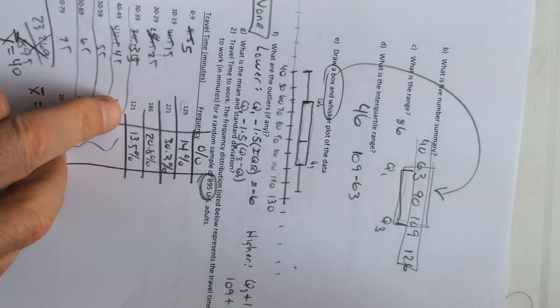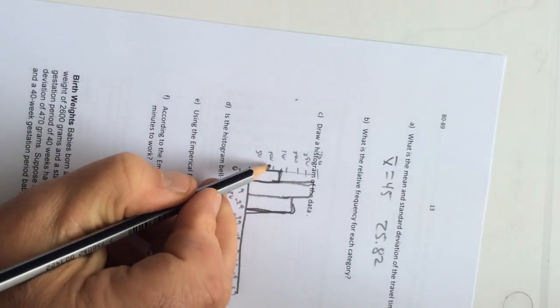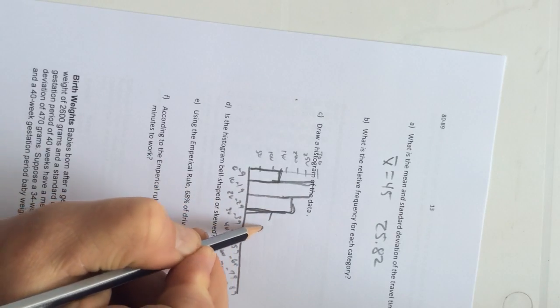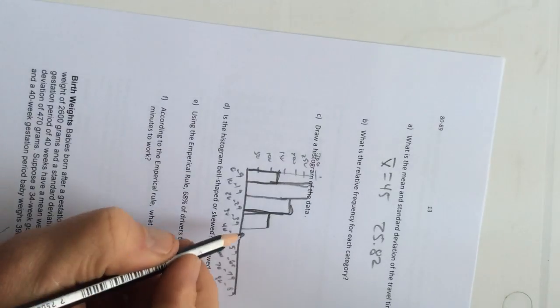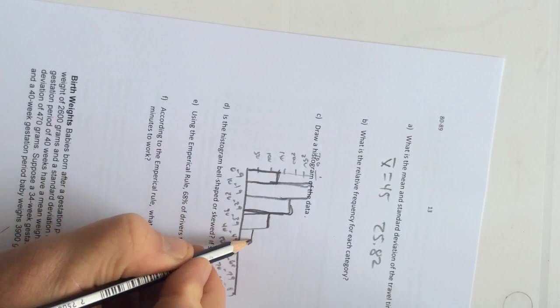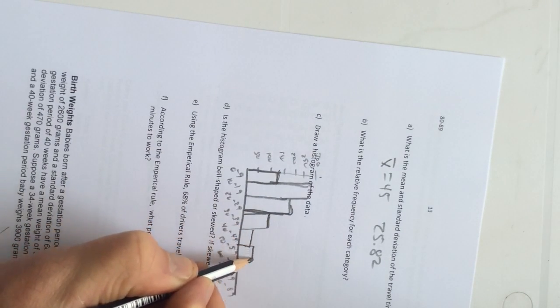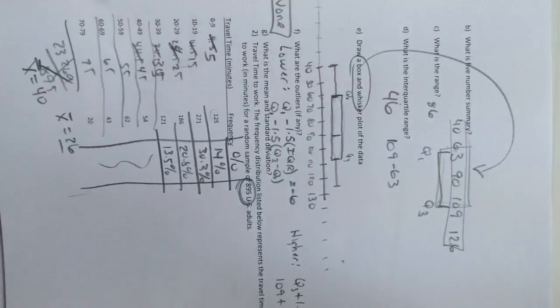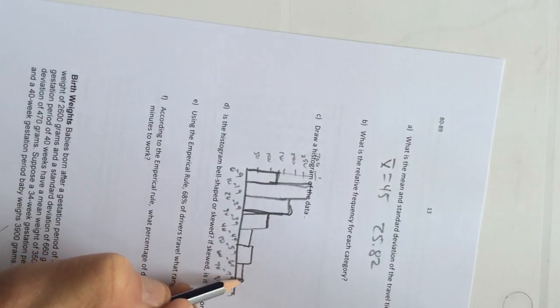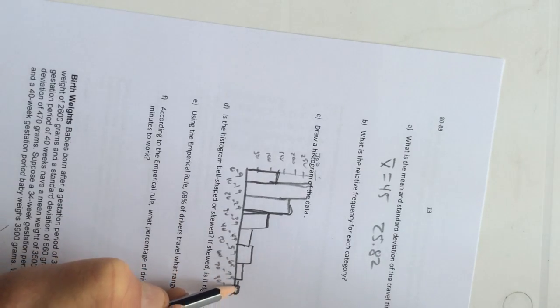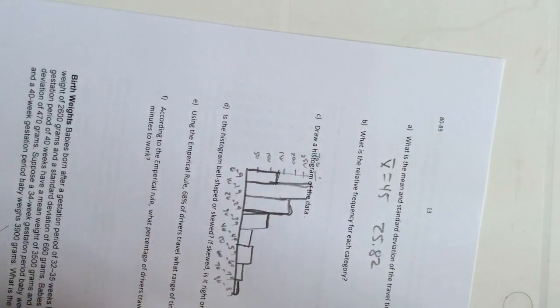Got the idea? 121 is the next one. 54, then 62. Then 43 and 20. And then the last one was 13.